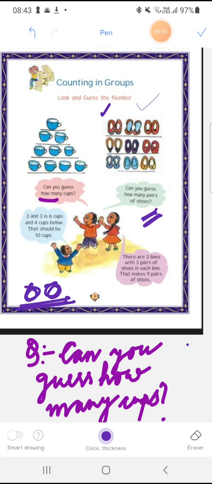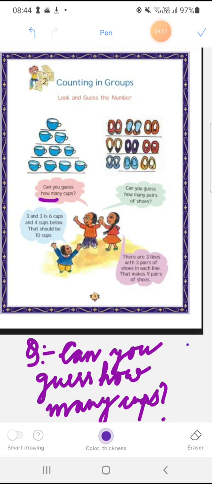So therefore we need to wear always 2 shoes. Suppose spectacles, we need to wear 2, for 2 eyes. In the same way we need to wear 2 shoes for our legs. So therefore here we have to count.